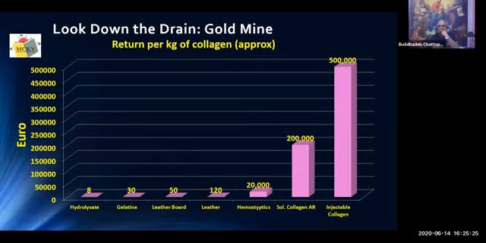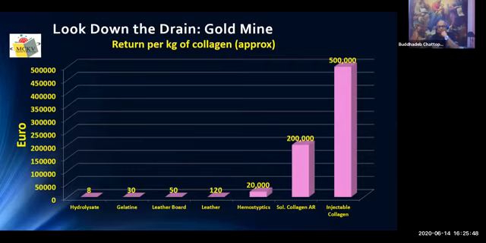If you look at the return, in terms of euro on the y-axis and the products on the x-axis, you can see if we make a collagen hydrolyzer, by just boiling them up, we can get 80 euro per kg of collagen.